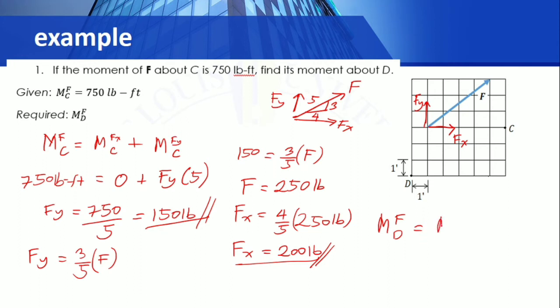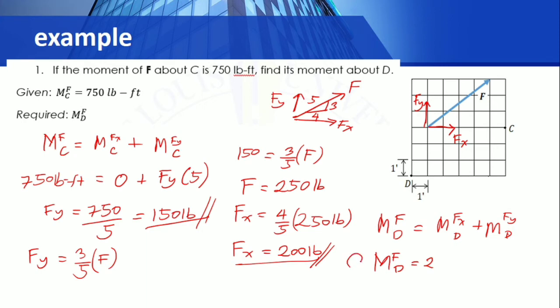That will be the moment of f of x about D plus the moment of f of y about D. So, yung moment of force f about D is equal to, so f of x, ano yung value ng f of x natin? That will be 200 pounds.